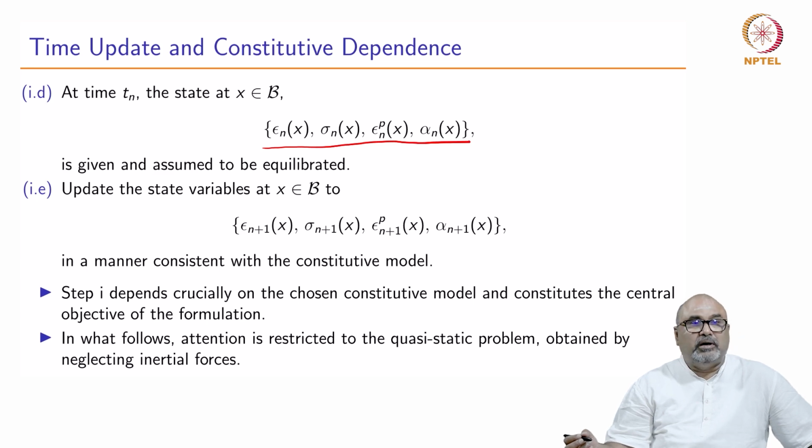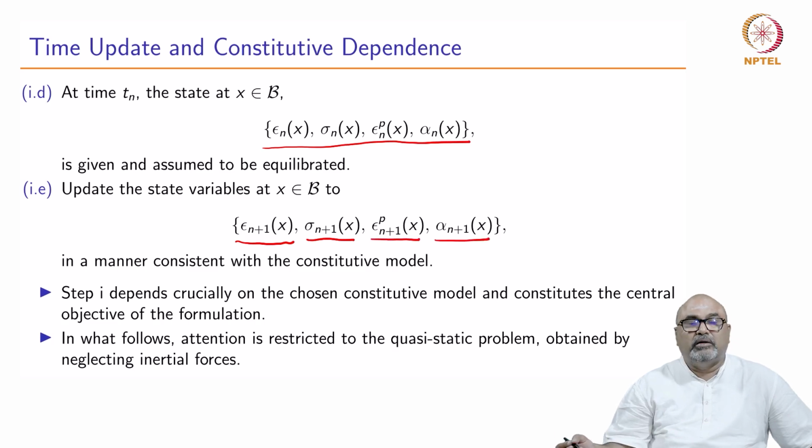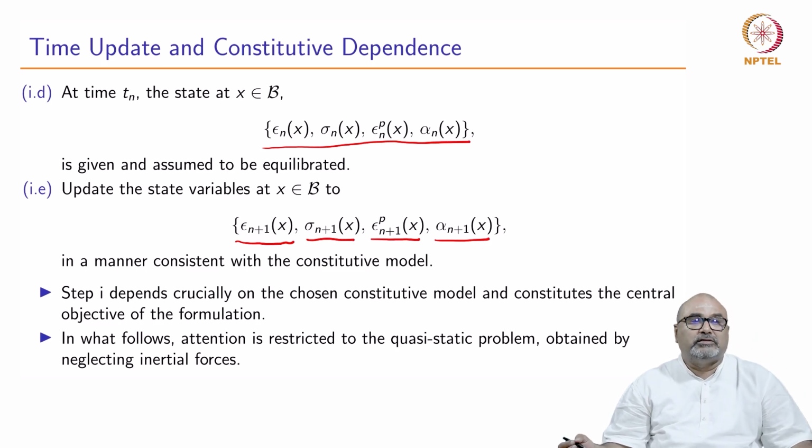Now, we want to update the state variables at the same point to new values, namely epsilon n plus 1 of x, sigma n plus 1 of x, epsilon n plus 1 p, and alpha n plus 1. That means we are incrementing in time step; it is a strain driven problem, strains are increased and we want to find out the other quantities, namely the stresses, the plastic strain, and the isotropic hardening variable.